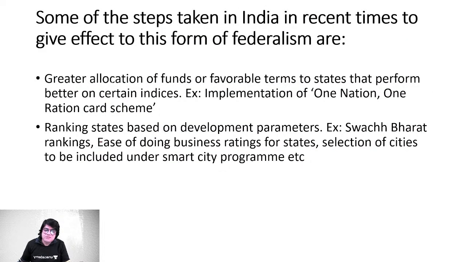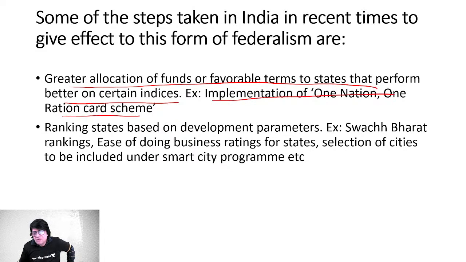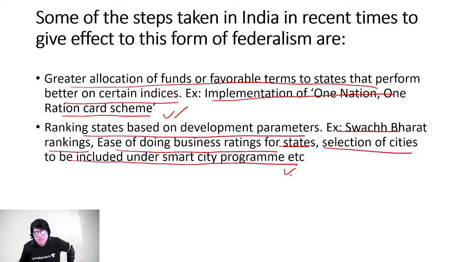So now some of the steps taken in India in recent times to give effect to this form of federalism include greater allocation of funds to those states that perform better on certain indices. For example, implementation of the one nation, one ration card scheme, and ranking states based on development parameters like the Swachh Bharat ranking and ease of doing business ranking for states, and selection of cities to be included under the smart city program.